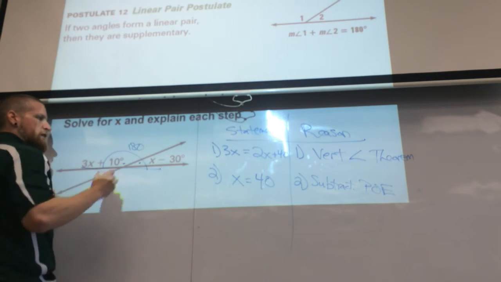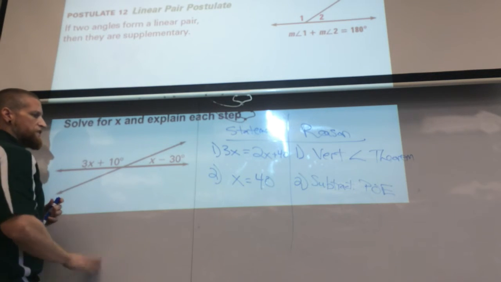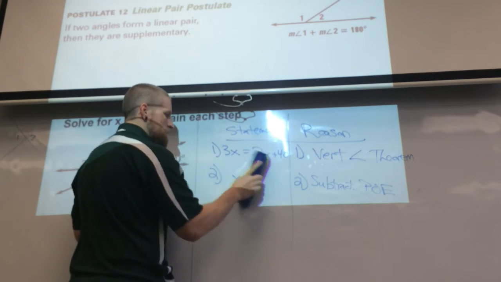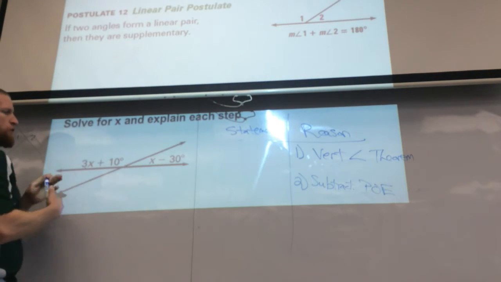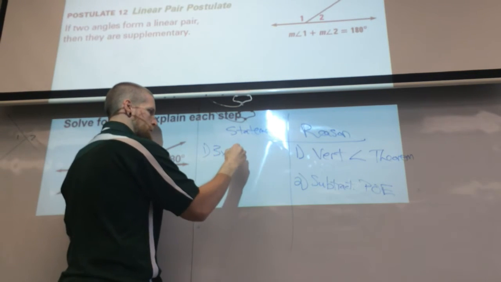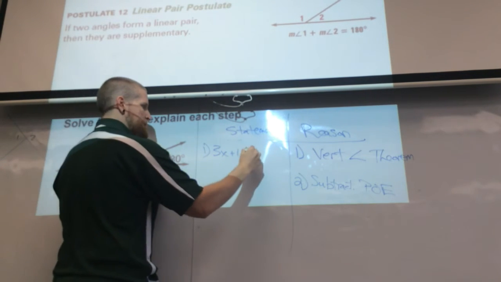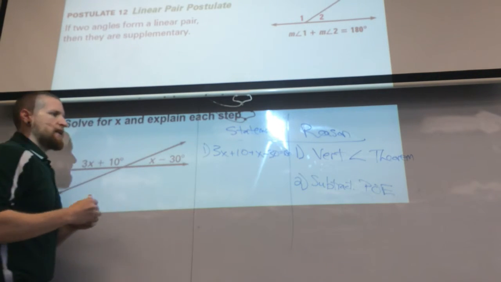Therefore, there's 180 degrees in the straight line. So if I went through the act of actually setting this up, I would take these two angles, the 3x plus 10 and the x minus 30, and set them equal to 180.